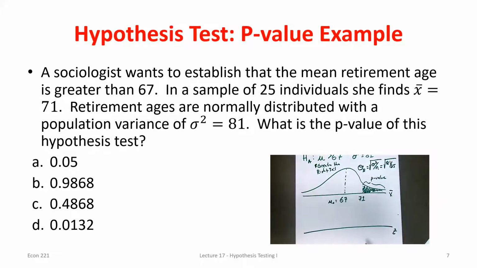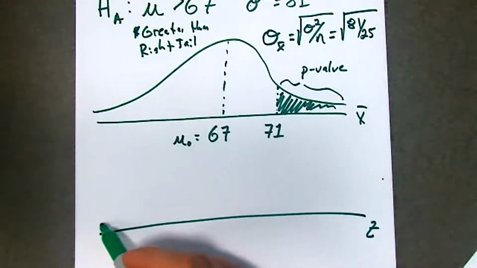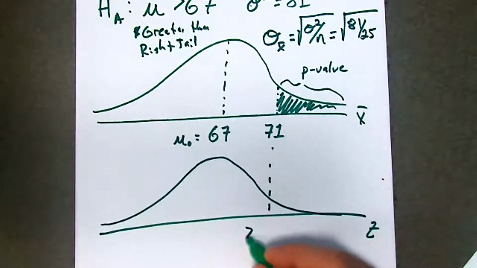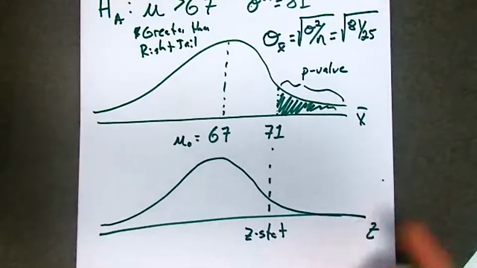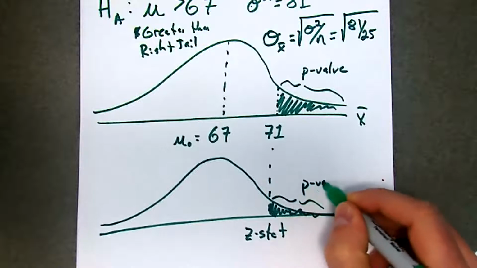I've got a normal distribution. Let's make this bigger now that we're done with all the information. I can turn it into a standard normal distribution by calculating my test statistic, or my Z statistic. And then my p-value is going to be the area to the right.